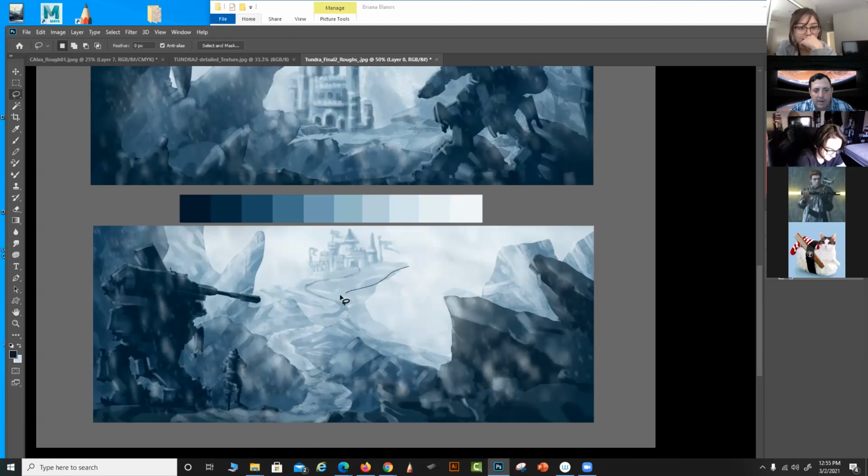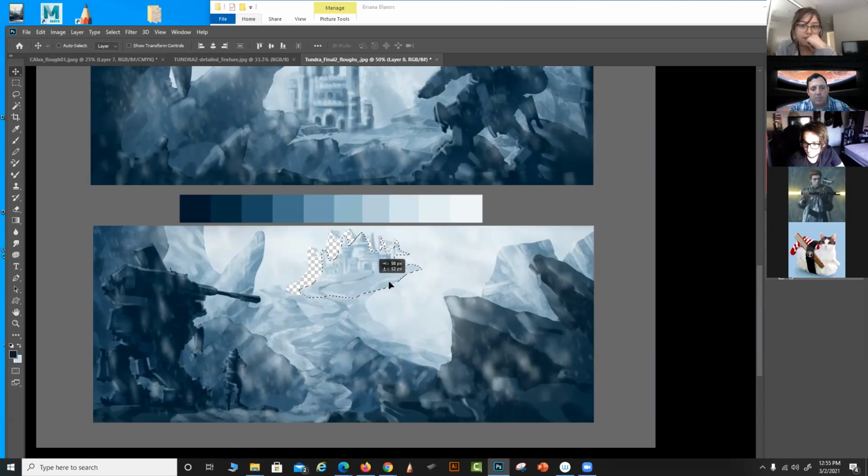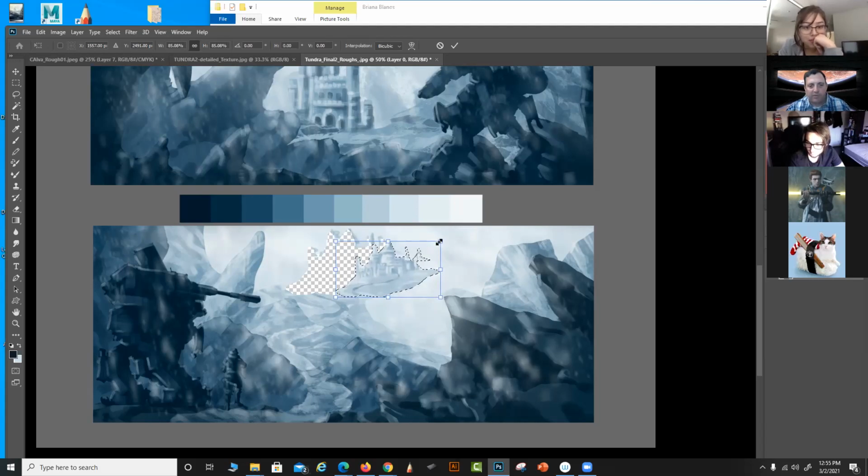If you were to take this castle, it's sort of in the middle. So this is what you could do, Brianna. You could take it, and if you move it over here a little bit more, it'll off-center the castle. And if you make it a little bit smaller, you could fit it in about there. Now it won't be in the middle. It'll off-center part of the sketch.